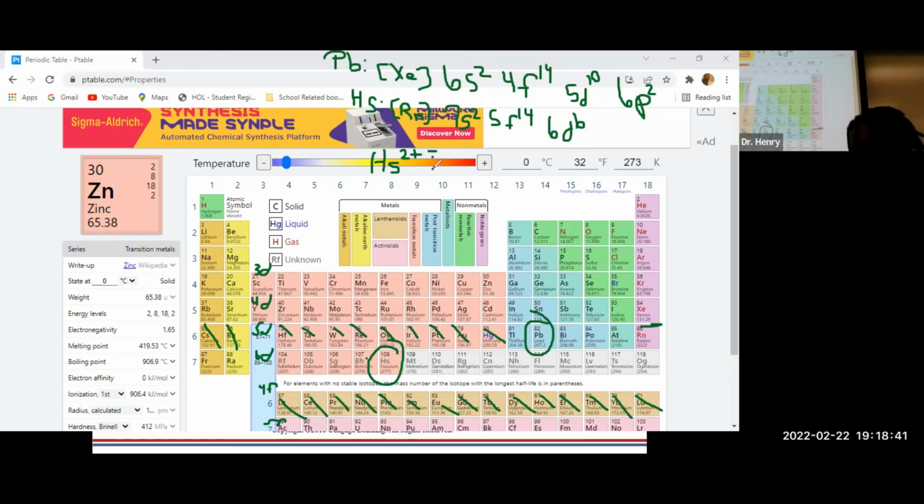Now, the way that this works is that even though these are lower in energy than the 5f, we're going to take away from the highest level. 7 is higher than 5, and that's because of location.